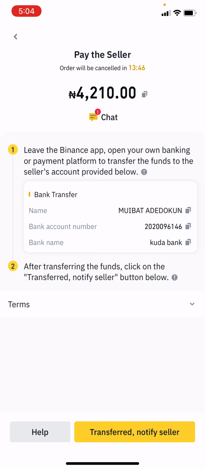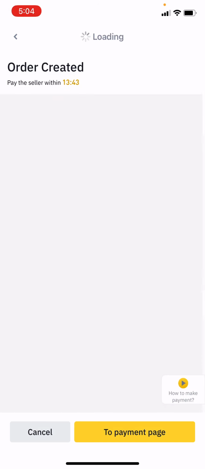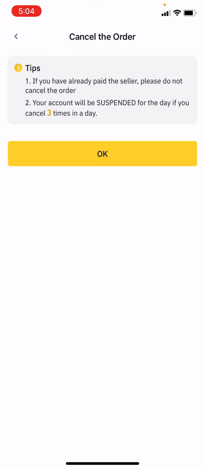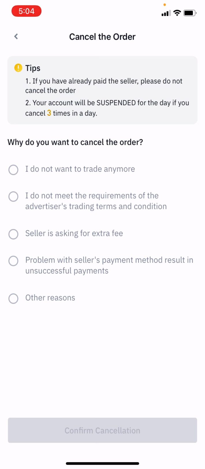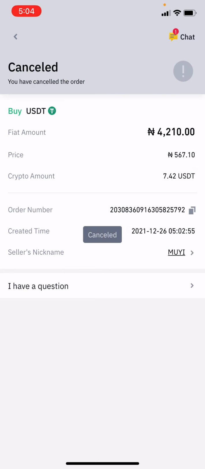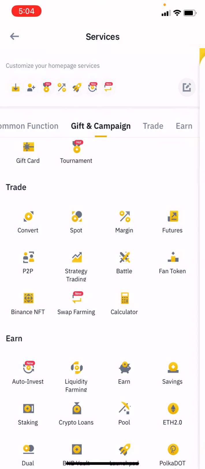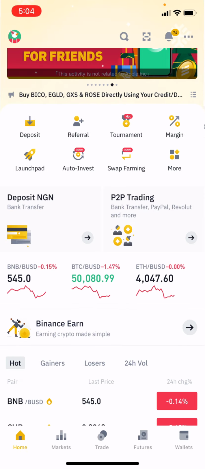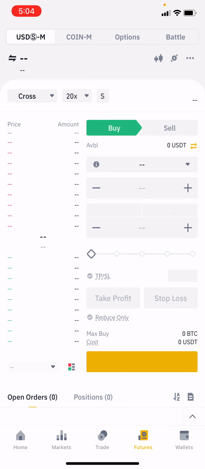So now we'll be proceeding to our futures trading. That is after buying USDT. So you come to futures.